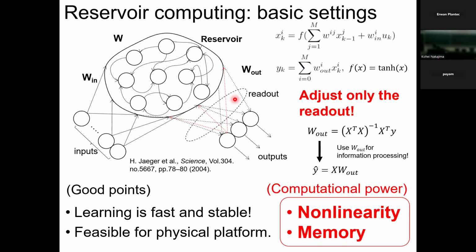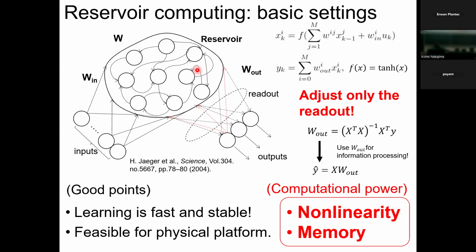In the conventional sense, by using BP and tuning all these weights, you're trying to bring the entire system to the target function F. But in the reservoir computing approach, we increase the complexity of the middle layer, and then we pick up the important elements at the readout part. We don't destroy the intrinsic dynamics we have in the reservoir part.